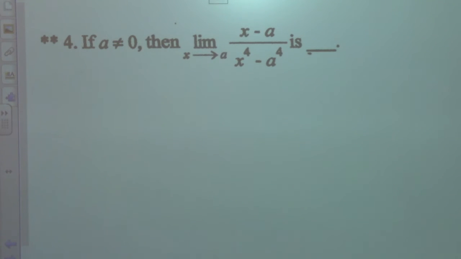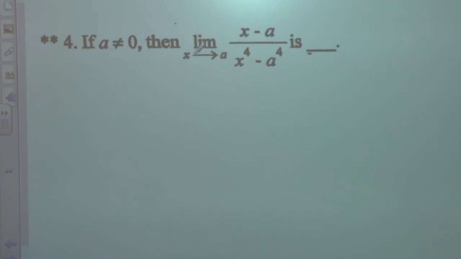Okay, this one here: if a is not equal to 0, then the limit as x approaches a of this thing is, and we'll see if you can work it. If we plug in a, what do we have here for x? We have 0 over 0, right?